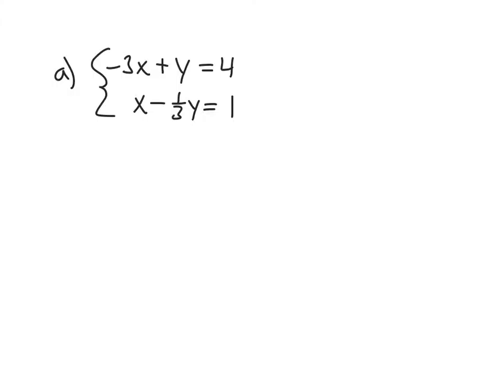All right, so looking at that system, we want to decide, are they consistent, inconsistent, dependent, or independent. So we've got to put them in slope-intercept form. So equation number 1, we have negative 3x plus y equals 4. What do I need to do to put that in slope-intercept form? Add 3x to both sides.